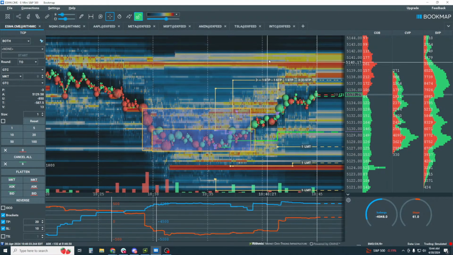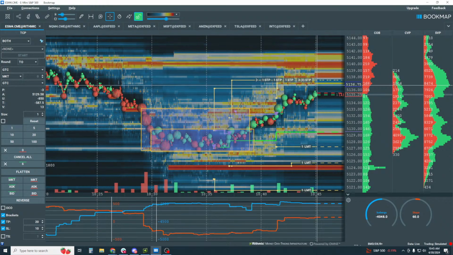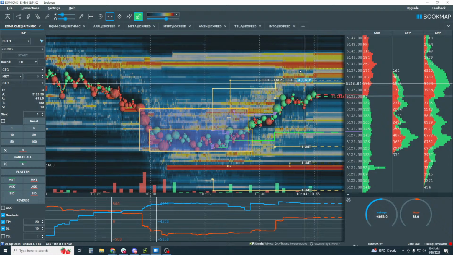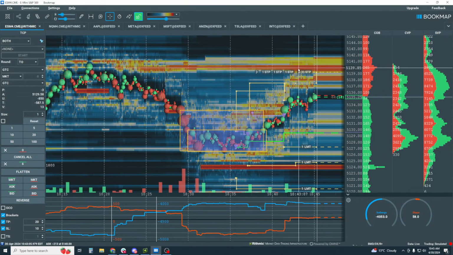We're not going to be able to demo this concept very well today. So maybe it just pulls back to this high volume node in here. Maybe that's what it tests and then fails. If that's the case, I'll give myself a little bit more leeway here and see if we can make that work.